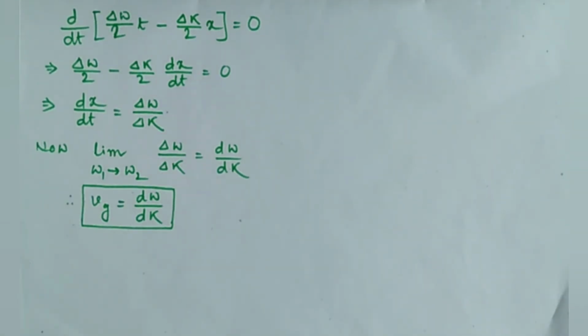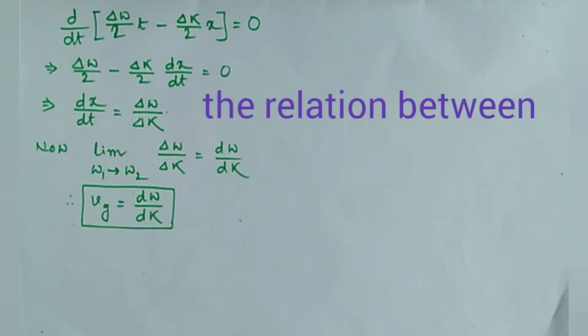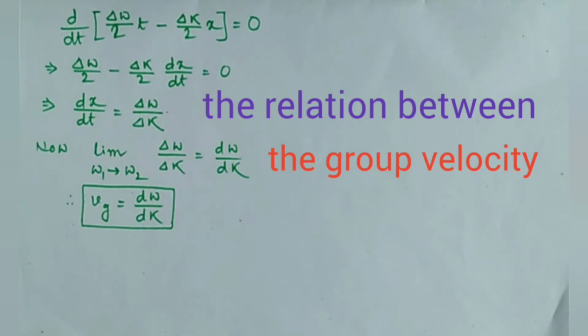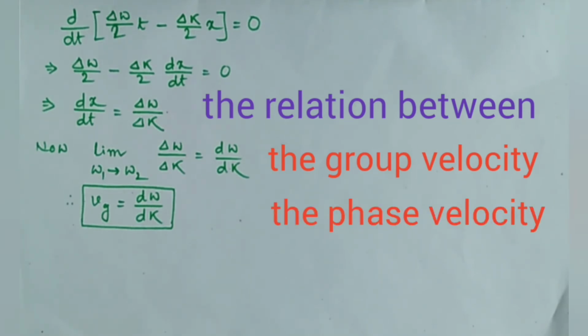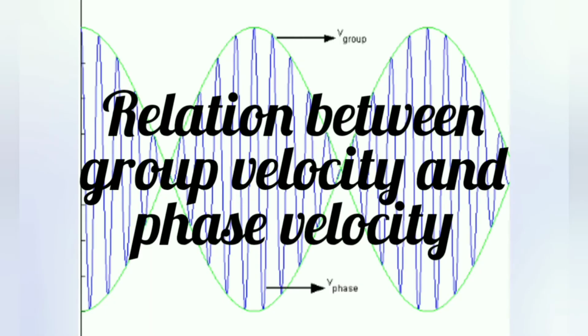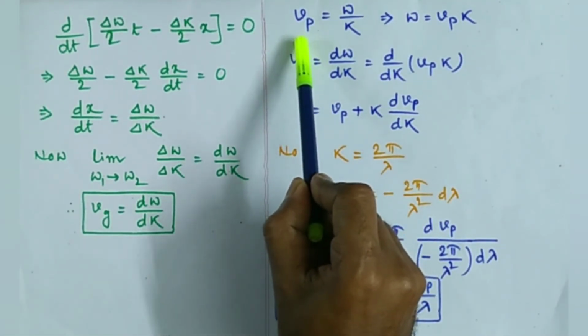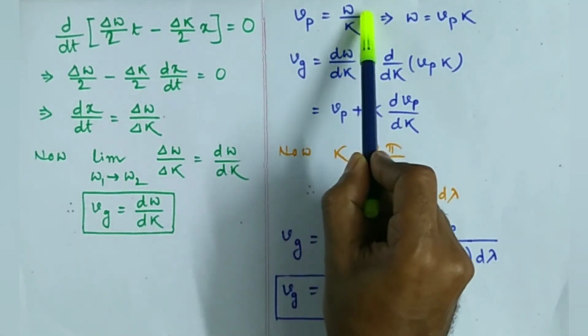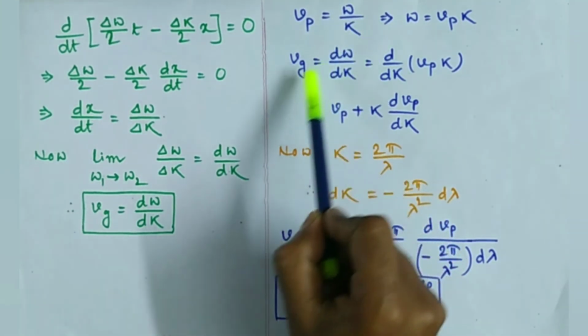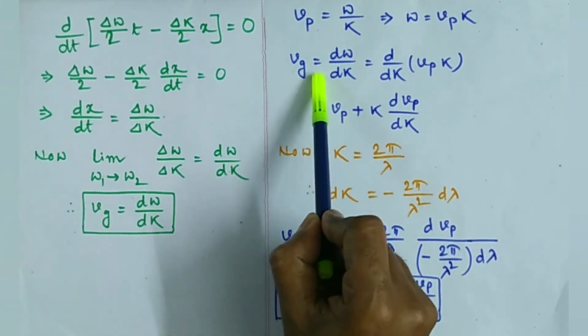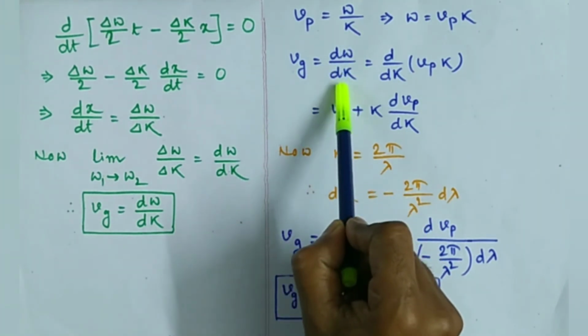Now we shall establish the relation between the group velocity and the phase velocity. We have already found that the phase velocity of the wave Vp equal to omega by k and the group velocity Vg equal to d omega by dk.